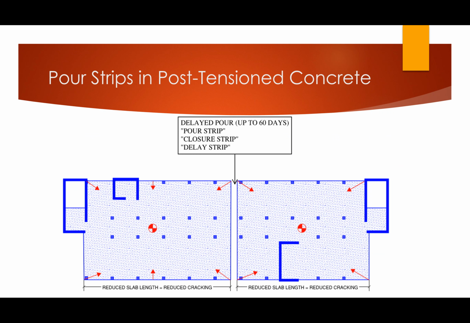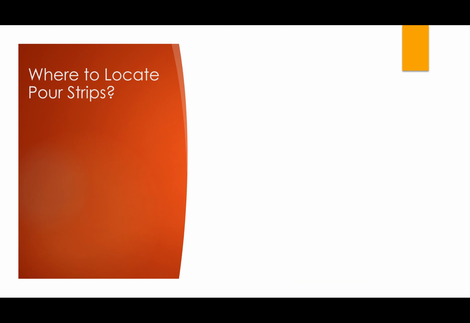But you can see here how you're really reducing the potential for cracking around our restraining elements here. So these are indeed extremely effective tools for reducing what would otherwise be inevitable cracks in these slabs. So that's the basic idea. Let's get into a couple of interesting details surrounding these.